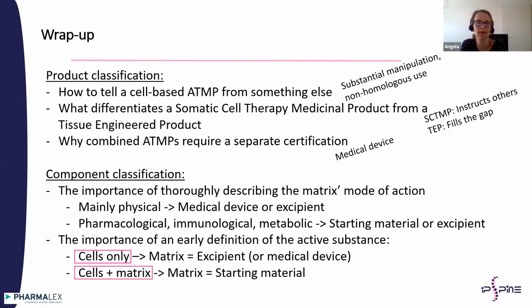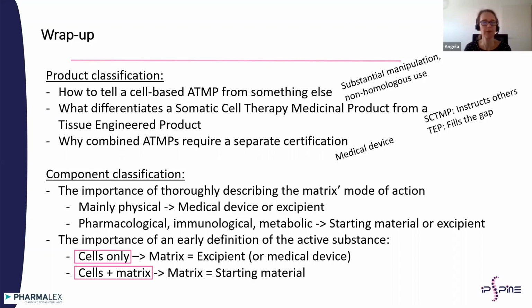If you find that the matrix does something pharmacological, immunological, metabolic, if it talks to the cells and mediates some differentiating properties through some receptor-ligand interaction, it would likely be regarded as a starting material if it is later on part of the active substance, or it might be an excipient if we say that this activity is not so pronounced and not so essential for the therapeutic function.